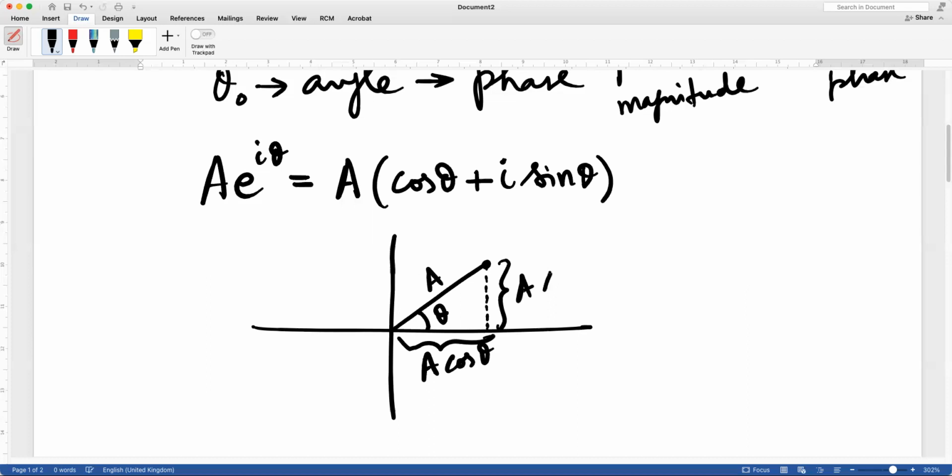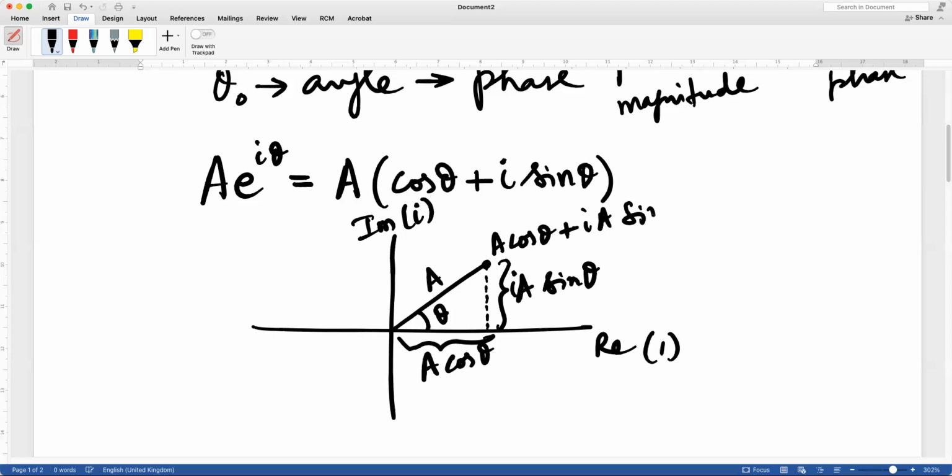This is our real axis and this is our imaginary axis. The unit quantity here is 1, the unit quantity here is i. So this is actually iA sin theta. So this point is actually A cos theta plus iA sin theta. Do you get that?